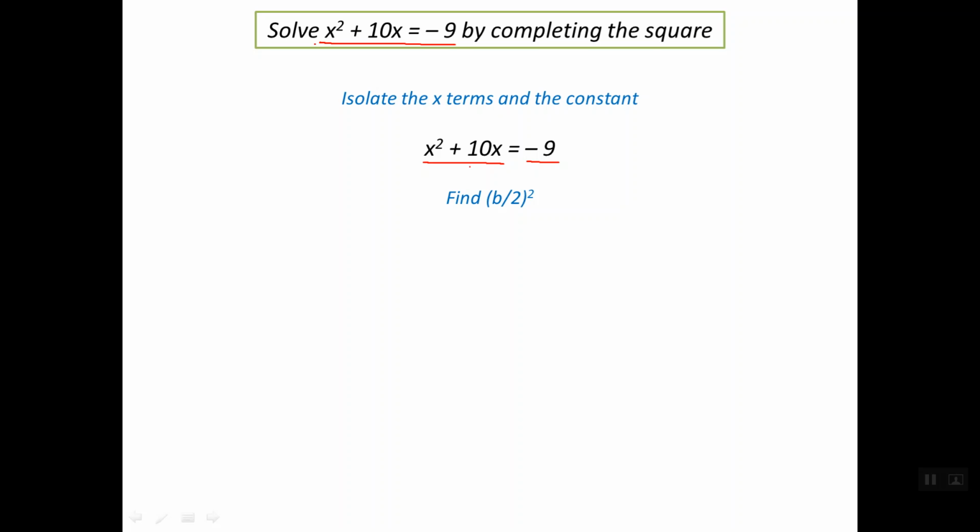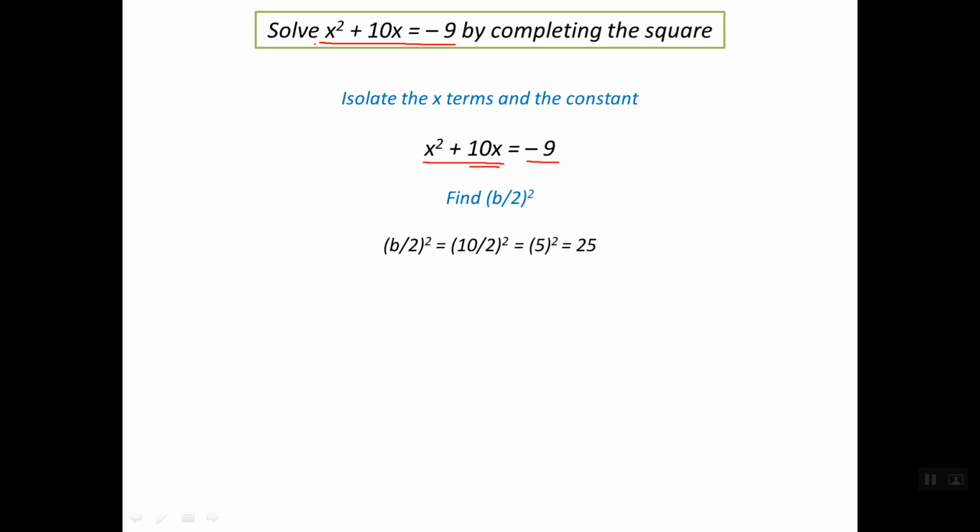First, we should identify the value of b. Here b is the coefficient of x, which is 10. Then we compute b over 2 all squared, which means we need to find the square of half b.